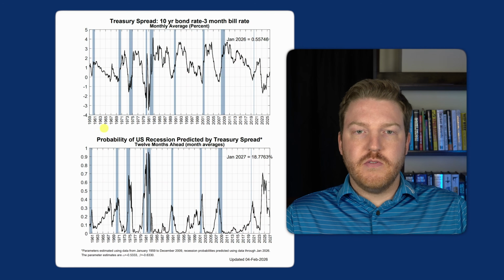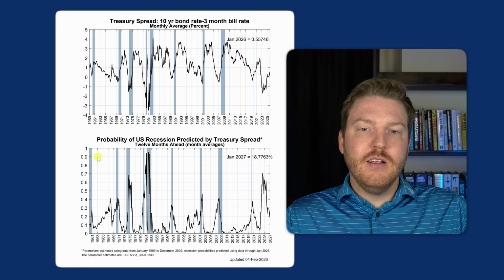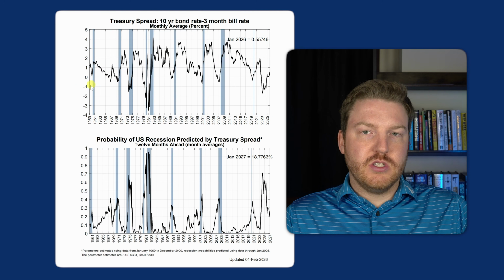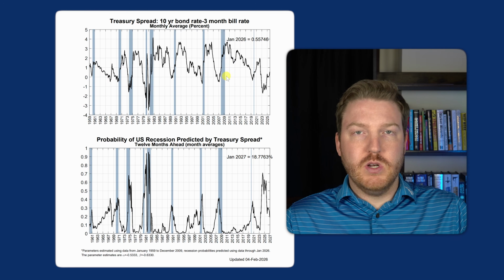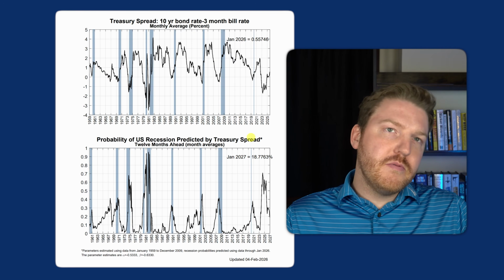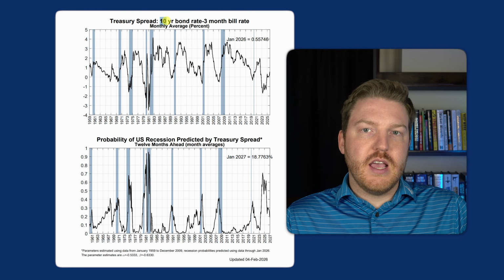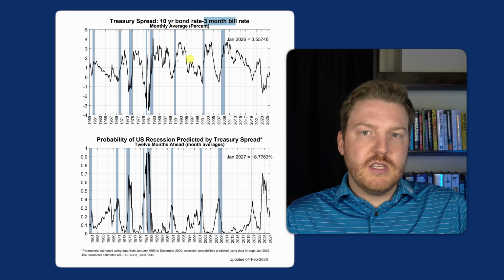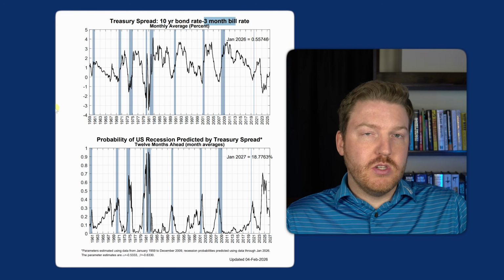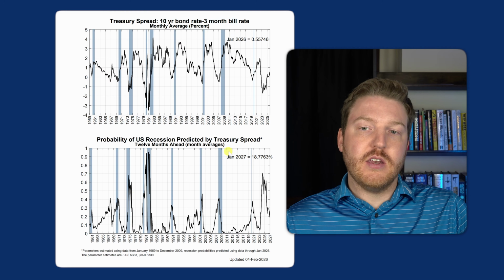So basically, the Federal Reserve looked at a lot of historical data and looked at when recessions actually occurred. So if you look at these years here, this is just time going by, and then these blue lines are when recessions occurred. And then they figured out in hindsight, if you looked at the spread between the 10-year Treasury and the 3-month T-bill, you could see that spread between the two was pretty predictive of whether a recession actually ended up occurring.